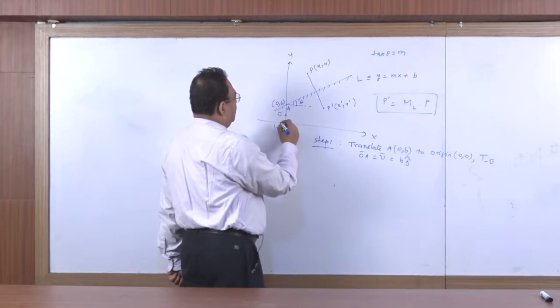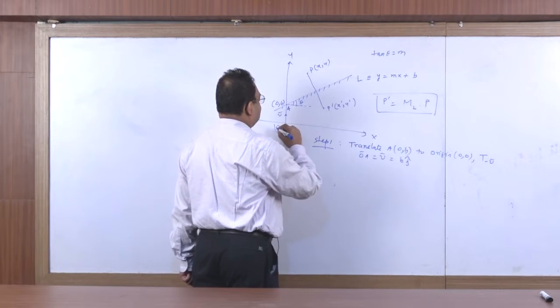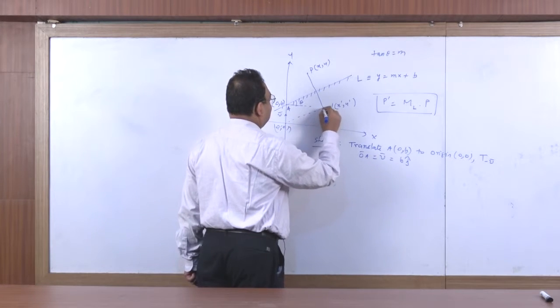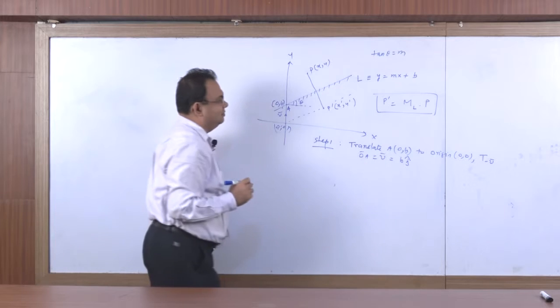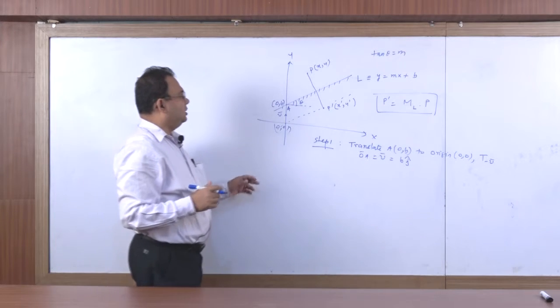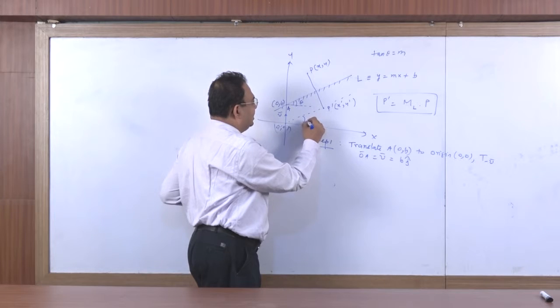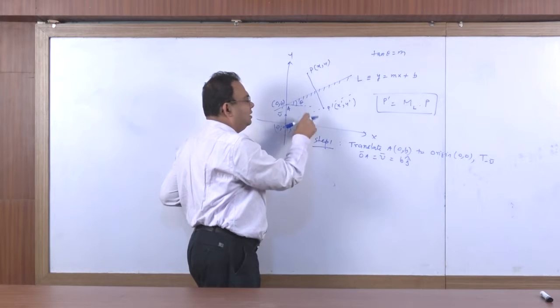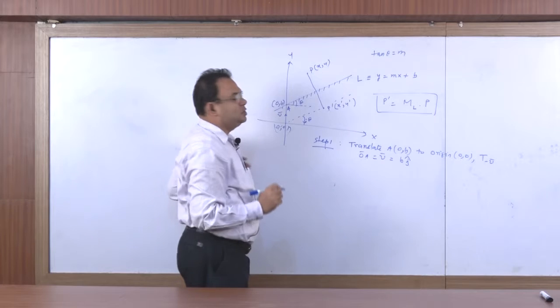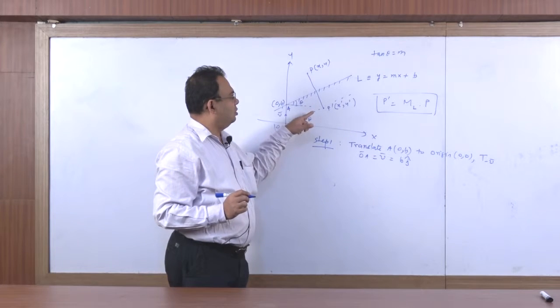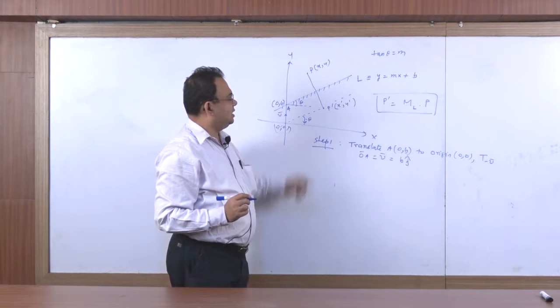Now, after these operations, this mirror is something like this. Then we have to give a rotation through an angle theta, but in this case the direction of theta is opposite. In this case, that is negative theta.